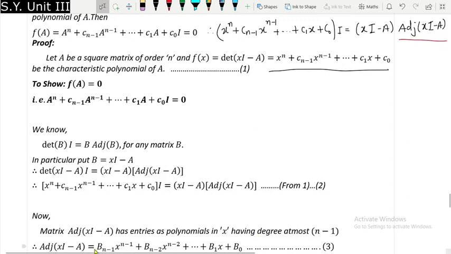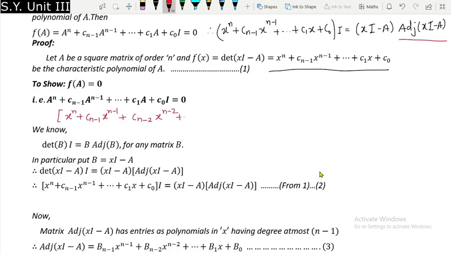I have just explained that. Therefore you can write adjoint of xI minus A in this form, and I am calling it 3. Now we are going to use this value of 3 in 2. Once you use 3 in 2, what will happen? Your left hand side is x raised to n plus c(n minus 1) x raised to n minus 1 plus next is c(n minus 2) x raised to n minus 2.